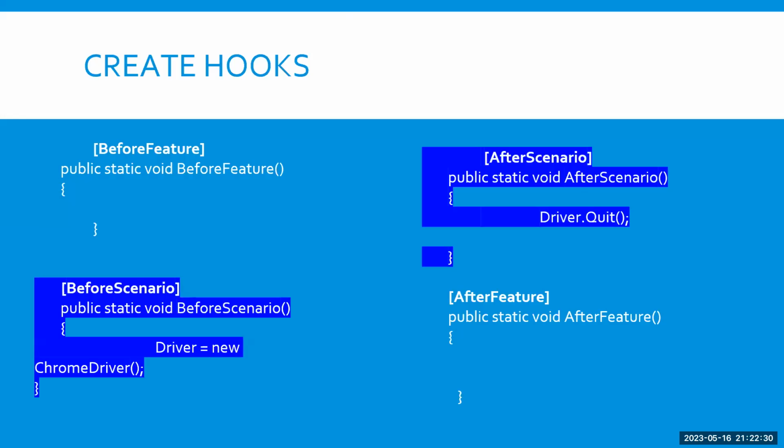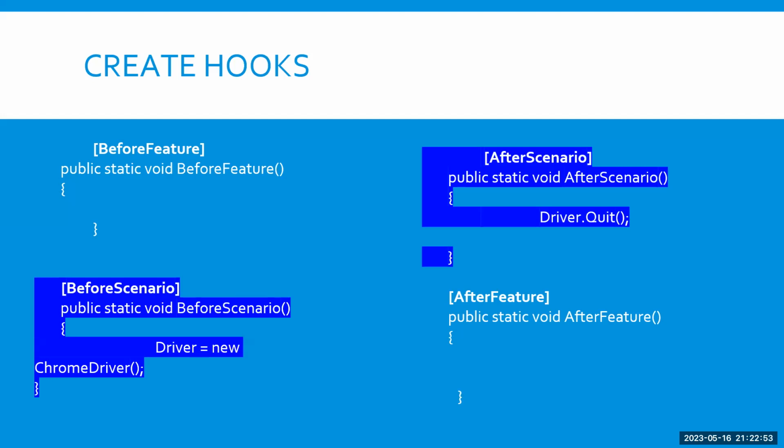And you can see, to create a hook, if you select the right template, you get something by default in your class. So you will have this particular before and after scenario, but the driver that is highlighted, you need to type it there, because it won't come with driver equals new ChromeDriver.